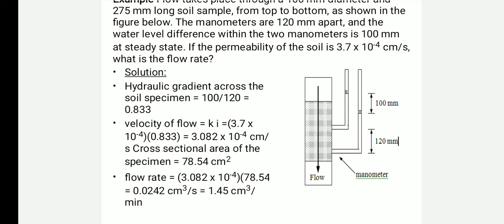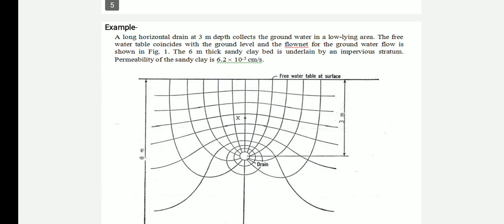So the velocity is, as we calculated, 3.082 times 10 raised to the power minus 4, and the cross sectional area is 78.54 centimeter square. So we get the flow rate, that is 0.0242 centimeter cube per second, or 1.45 centimeter cube per minute. Now we are going for the next example.